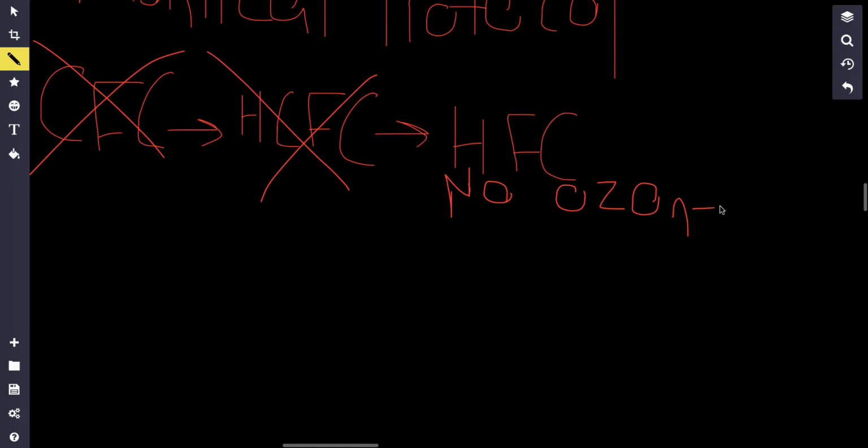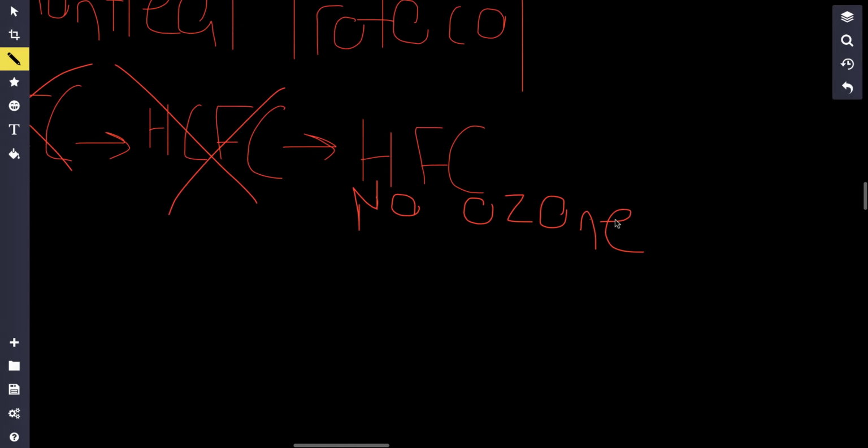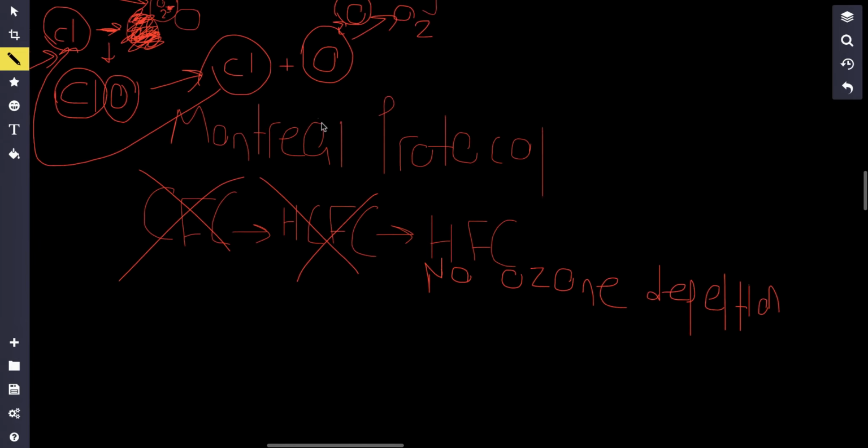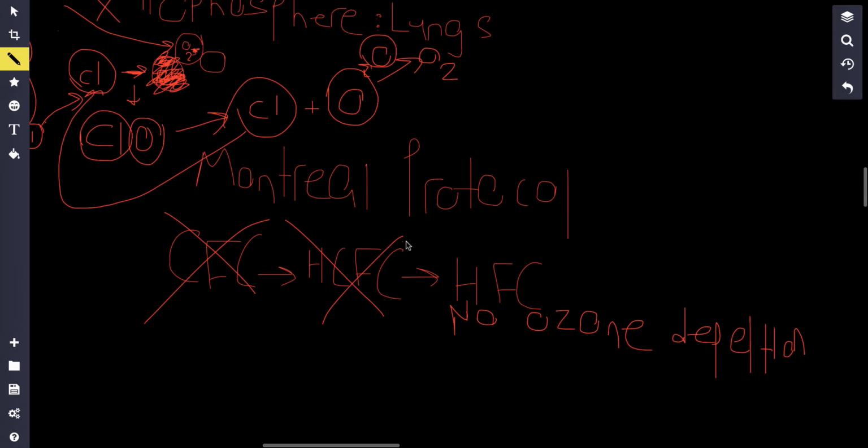Unlike HCFCs and CFCs, they don't deplete the ozone. No ozone depletion. But they still are a greenhouse gas, so that's another drawback of using them. But the Montreal Protocol has been really successful, and that's pretty much it.